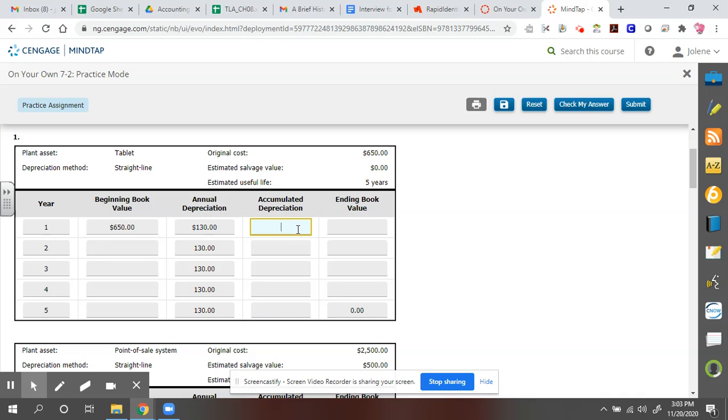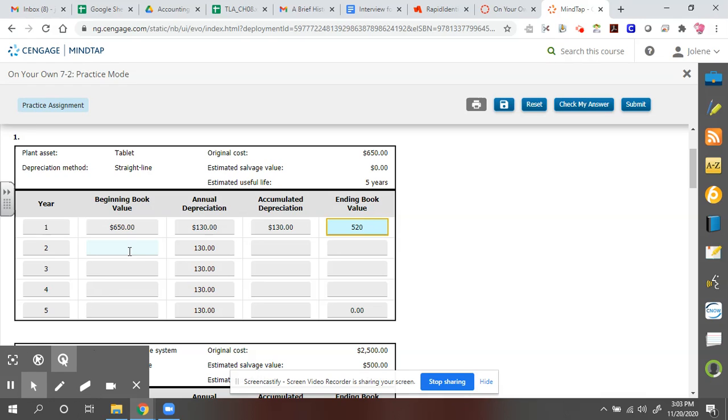In this first year, we're only taking off $130. But what is 650 minus 130? What's it going to be valued at the end of the first year? 650 minus 130, so at the end of the first year, it is worth $520.